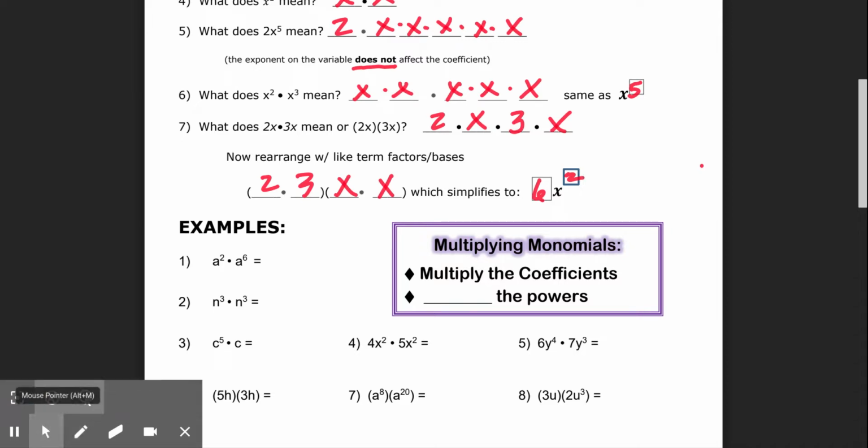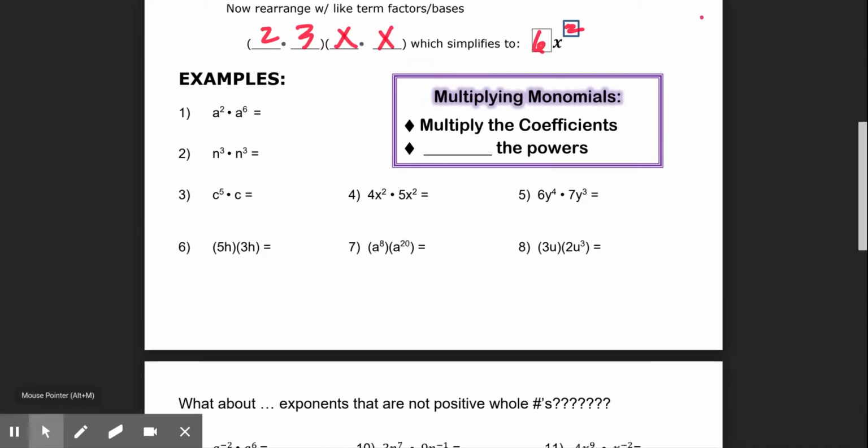So now here we're going to go over some examples. And just as a little reminder, in multiplying monomials, you multiply the coefficients, and then as a shortcut, you can add the powers or the exponents. So in a situation like this on number 1, as a shortcut, you could add the powers.